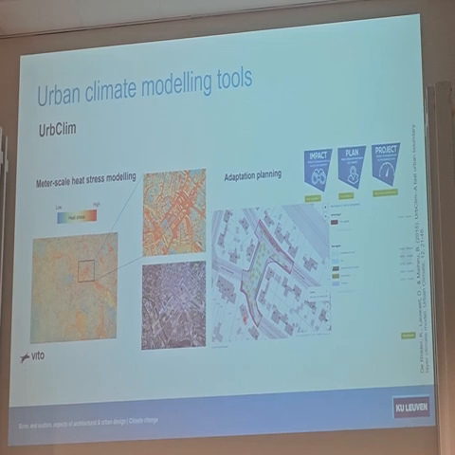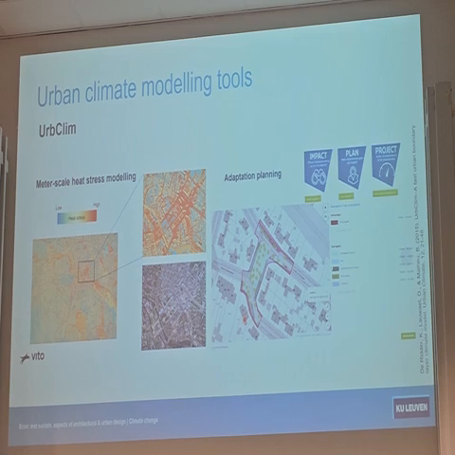Then in the next step, you could draw your master plan of your design into it and say, okay, I will increase the built area by this amount. You can really draw the buildings in there, but I will also provide additional vegetation, or I will include a blue body. You can draw it in, and then you can see how that reduces the impact of climate change on the site you are working on.